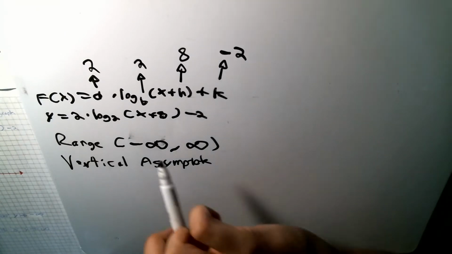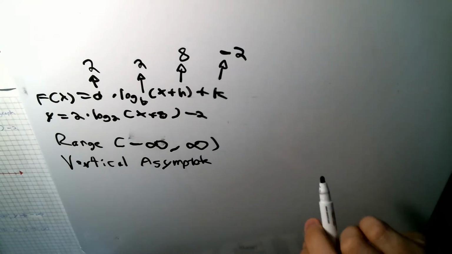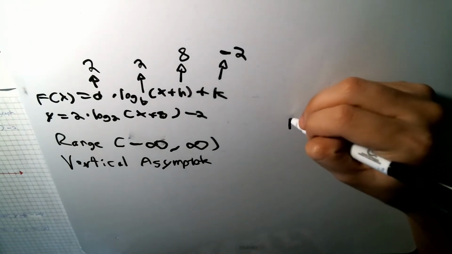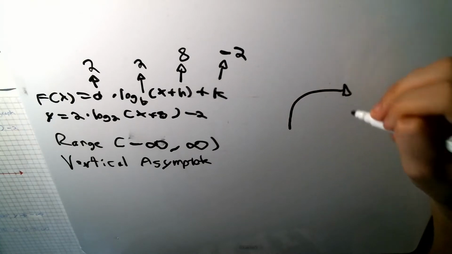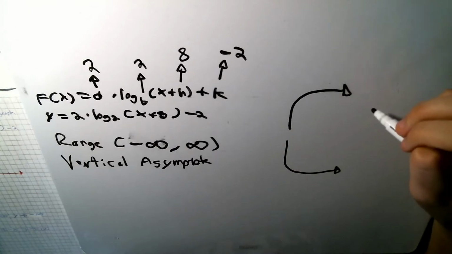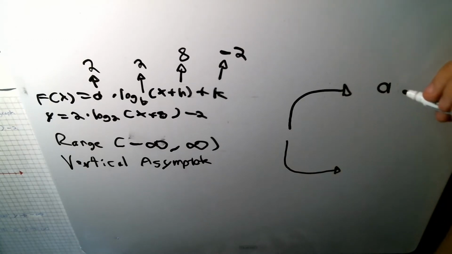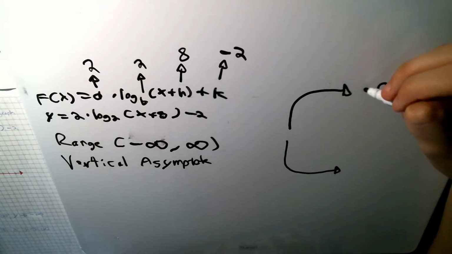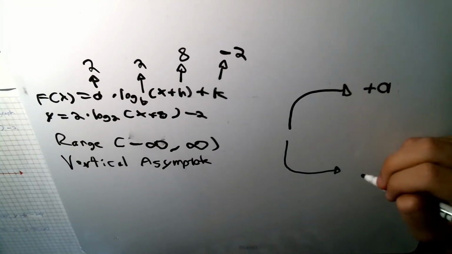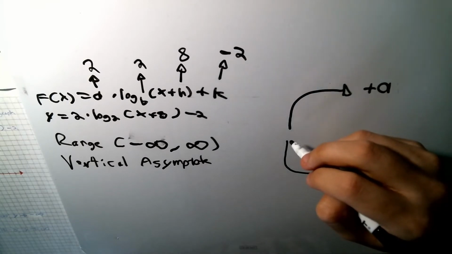Because a is positive, the graph will go like this instead of like this. This one is when a is positive, and when a is negative, it will be like this.